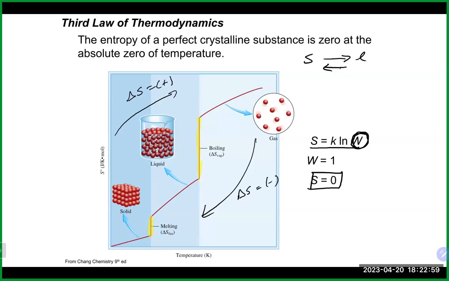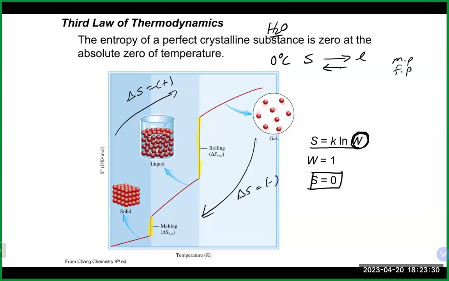It does happen at the same temperature. That's your normal melting point or freezing point, whichever way you're going. For example, for water, 0 degrees Celsius is where that occurs. So there is a certain amount of energy, if we take water as an example, at 0 degrees Celsius that is required to just change the water from ice to liquid, or if you're in liquid water, to take it back to ice.